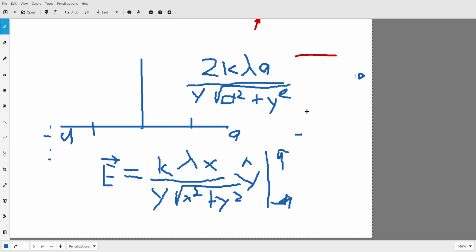Now, what happens when A goes to infinity? What happens if we keep making A bigger and bigger? Notice we take the limit as A goes to infinity.